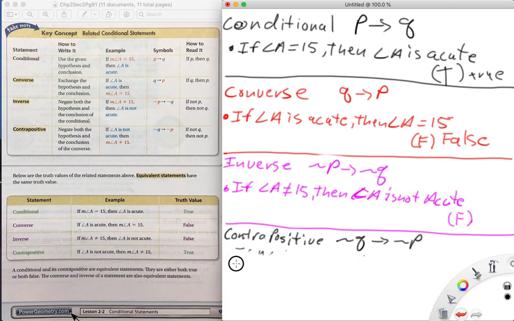Sorry, I made a mistake. So contrapositive is two things. My fault. Contrapositive is the negation of the converse put together. So I'm switching the P and the Q, and I'm doing the negative symbol.